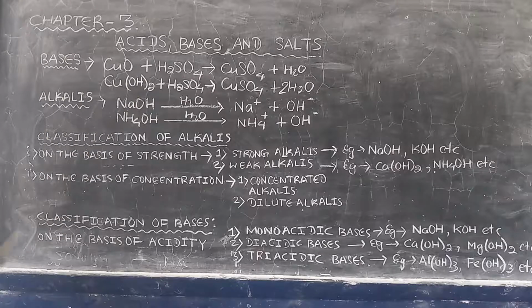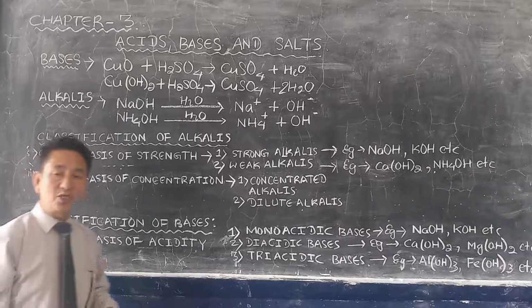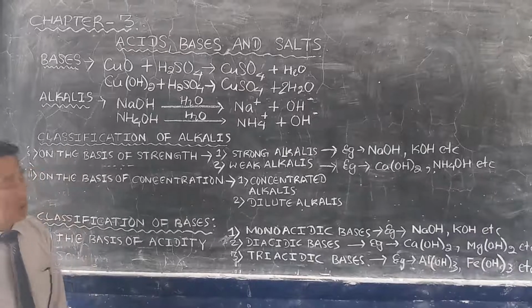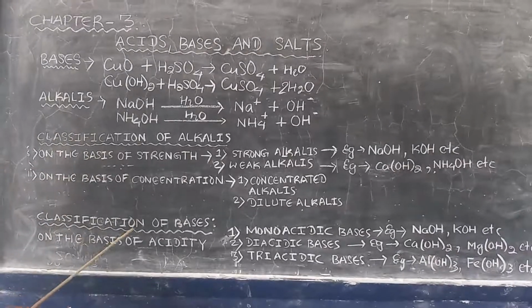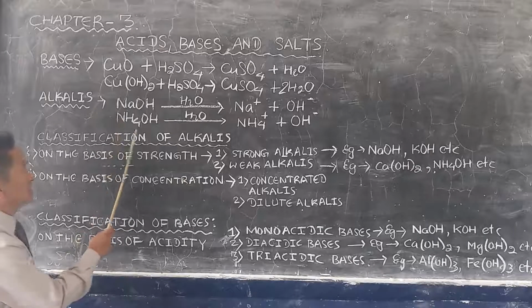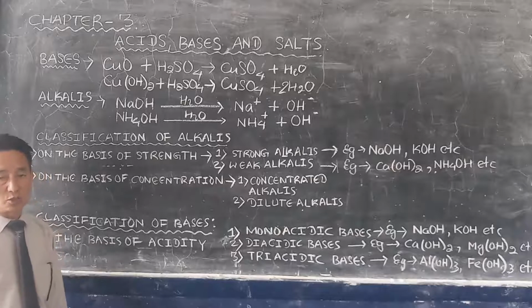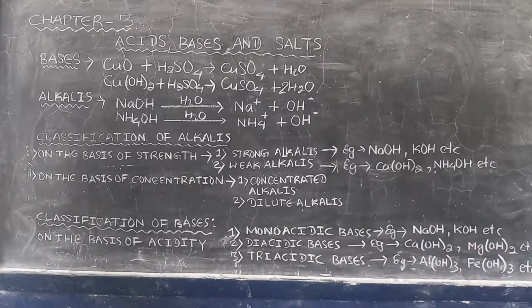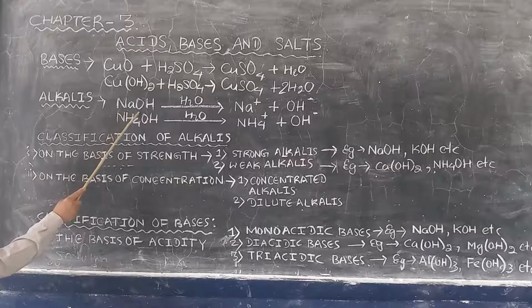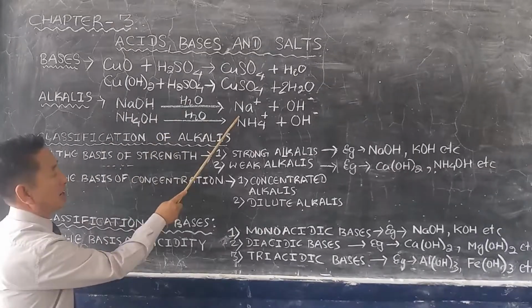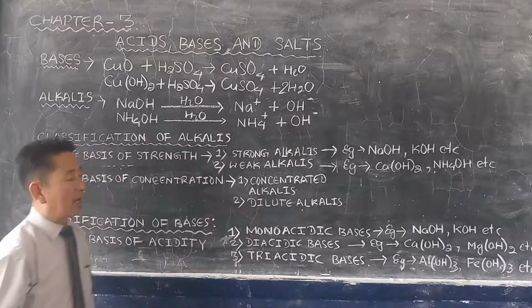Now next, alkalis. Bases which are soluble in water are called alkalis. Here, sodium hydroxide and ammonium hydroxide are bases which are soluble in water. So, these are called alkalis. Sodium hydroxide, when dissolved in water, produces sodium ions and hydroxyl ions.